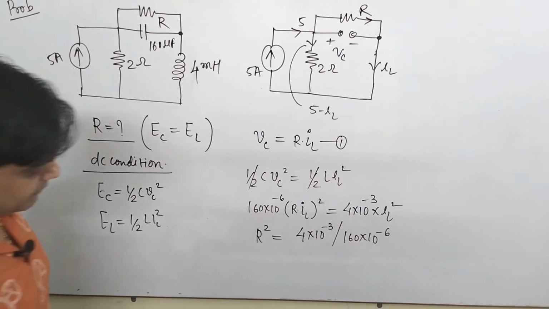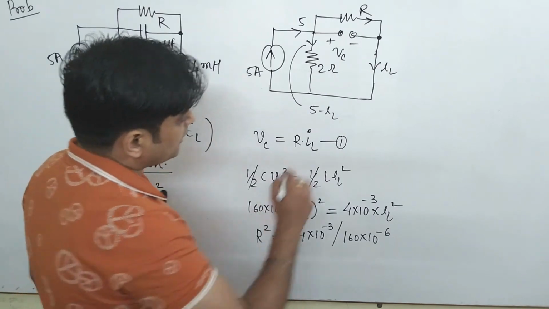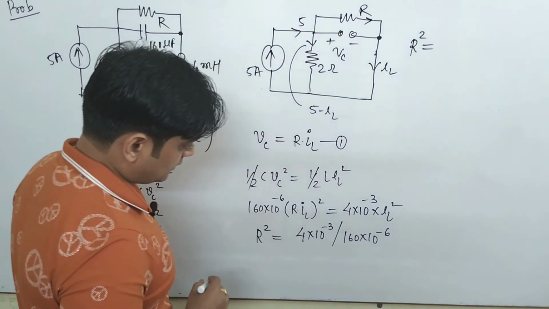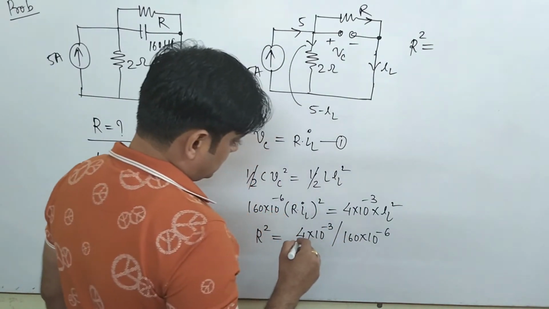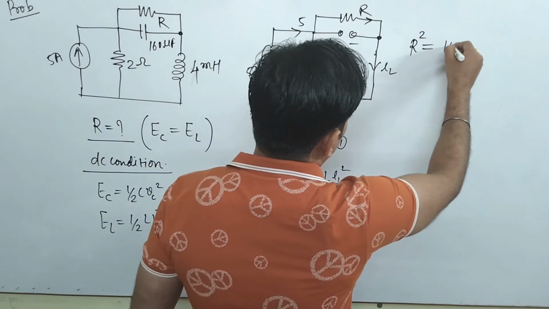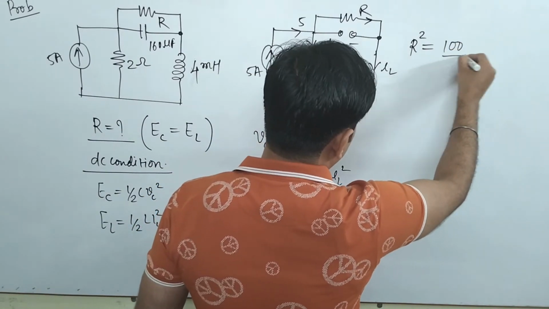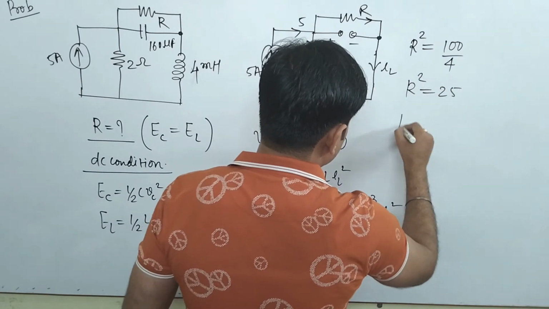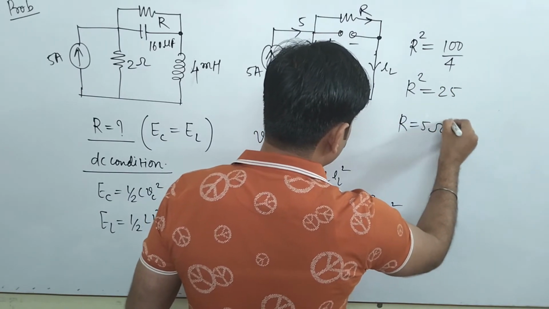So that comes to be 100 by 4, so R square comes to be 25. The value of R comes to be 5 ohm.